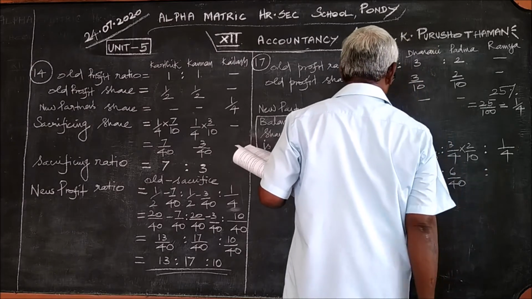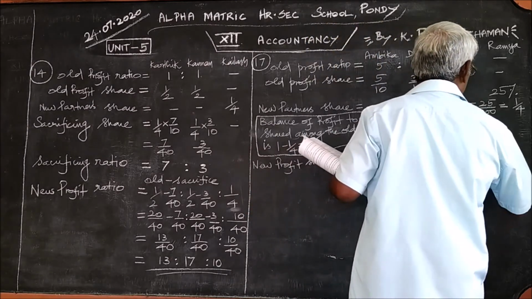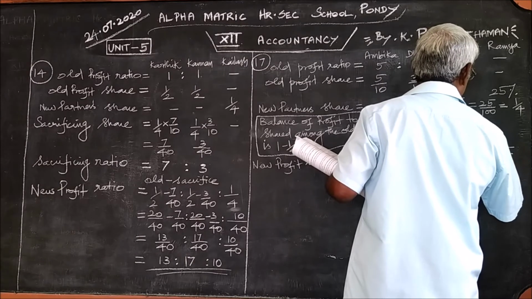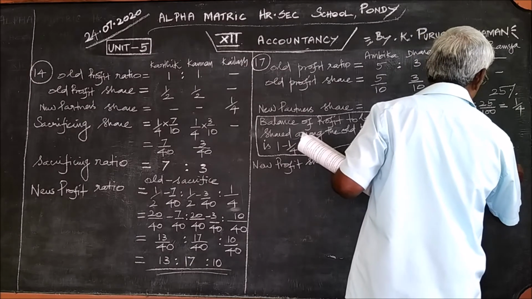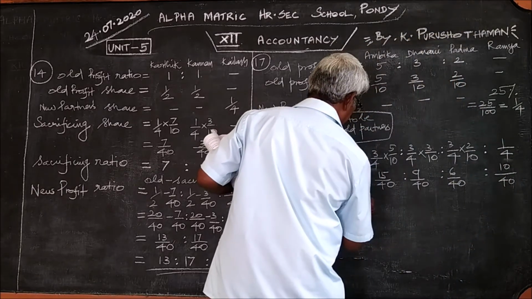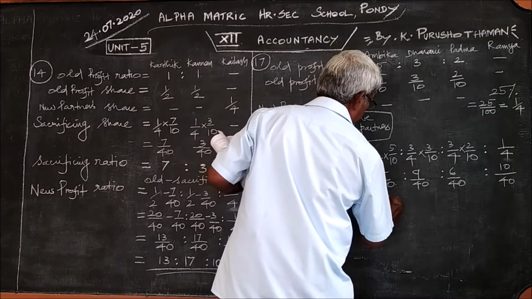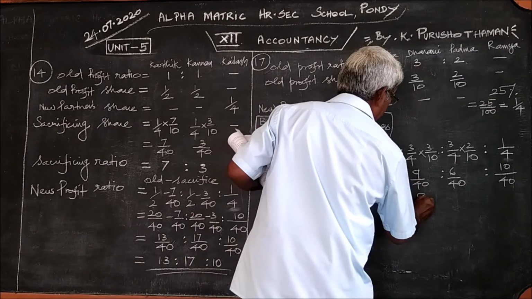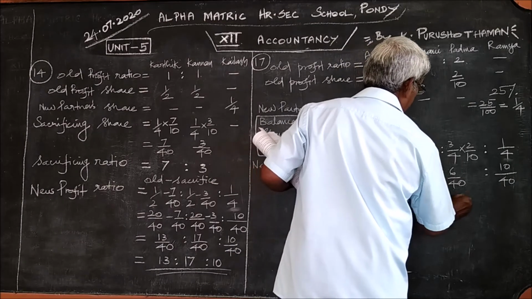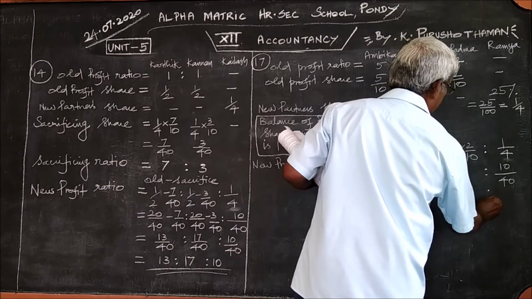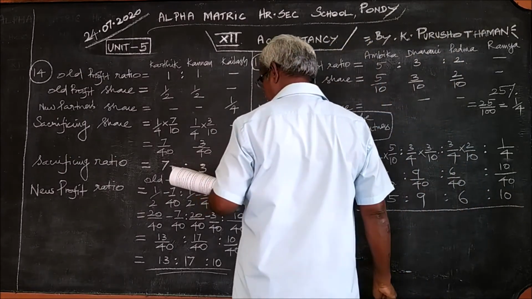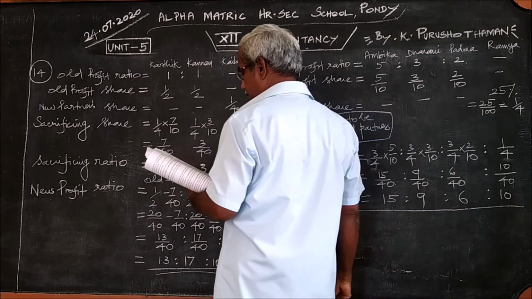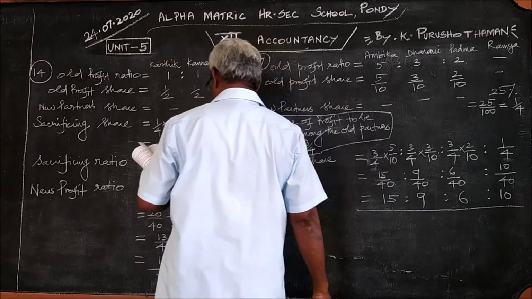This 1 by 4 also can be written as 10 by 40, 10 fours are 40, 10 ones are 10. So, this is equal to 15 is to 9 is to 6 is to 10. This is the new profit ratio.